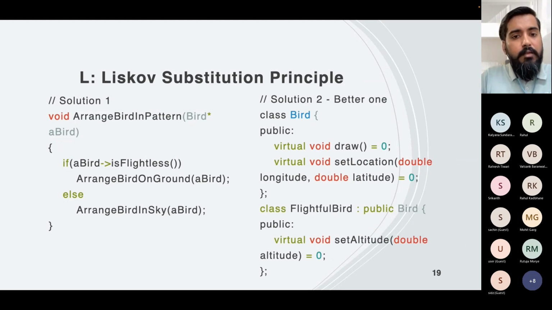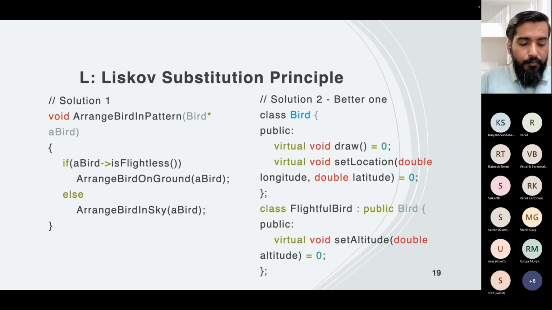So a better one will be: I'll add one class bird, and only add draw and set location in that. And another class, flightful bird, I will create from this bird class, and I will add my extra set altitude method in that.